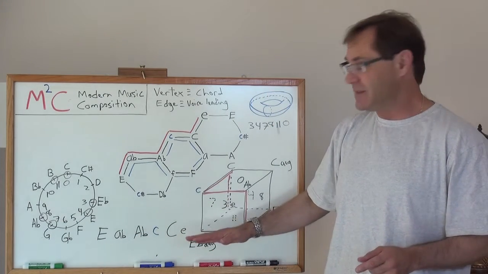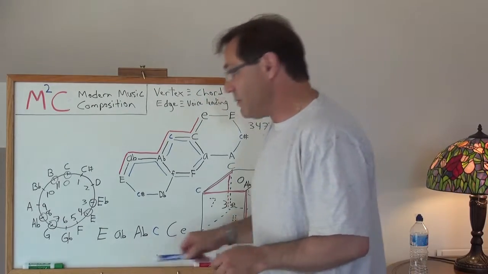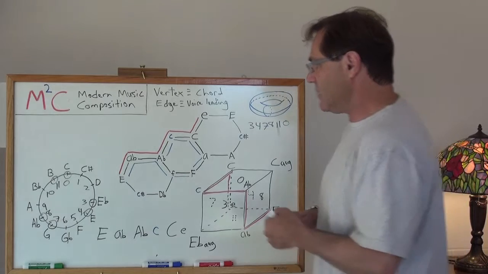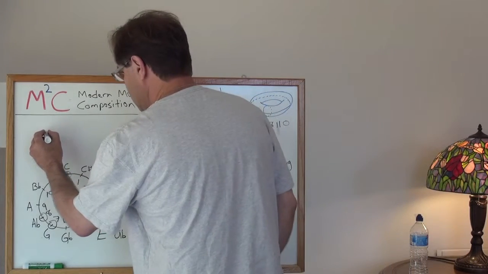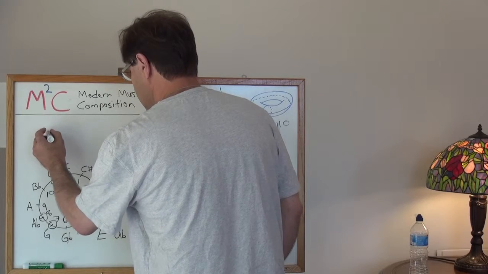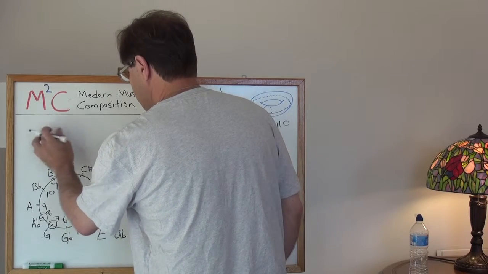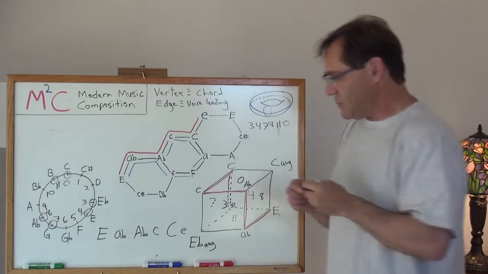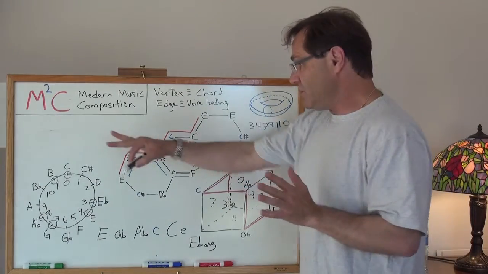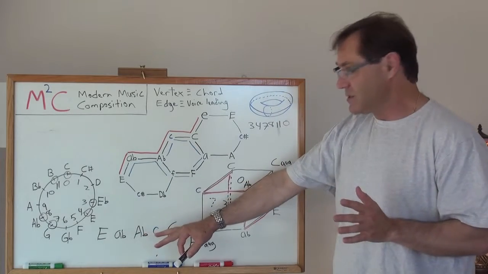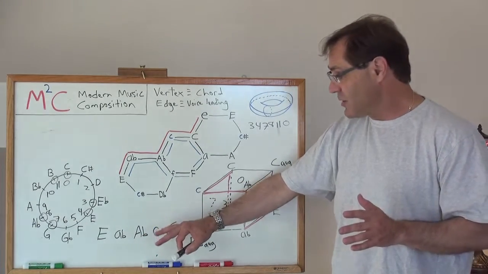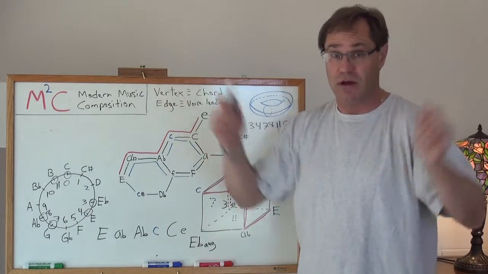If you look at the interval class vector of this set class, I forget what it is, but you can look it up. Once you know the set class, you can do operations on that particular set class, and you're going to be able to open up a new world of composition.